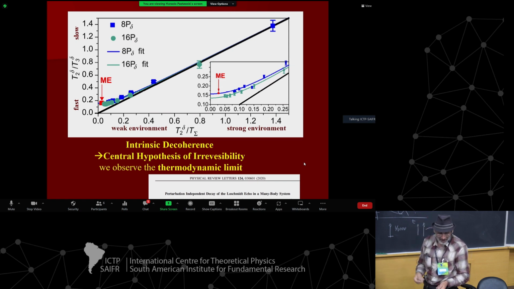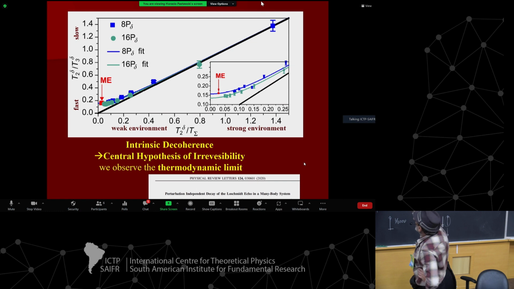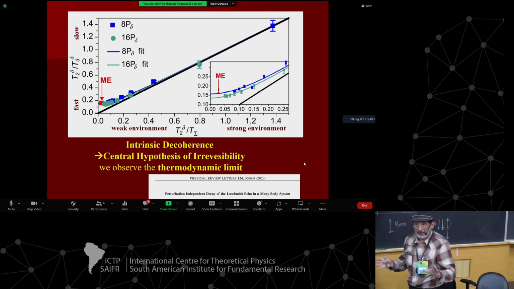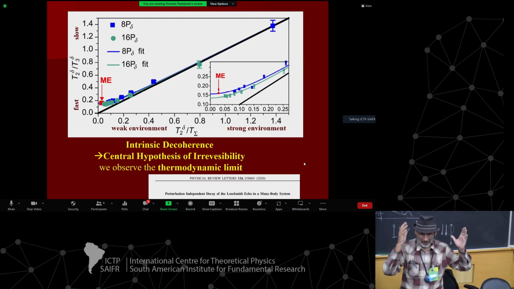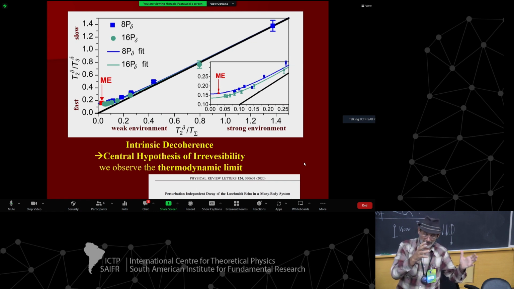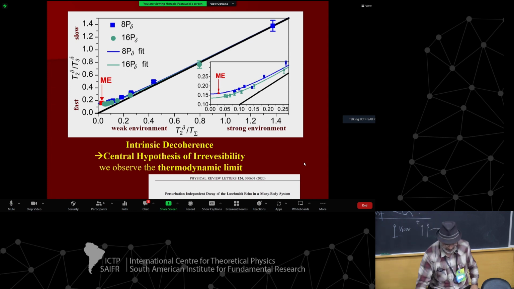Still, once I put all the points there, I see that I go to a finite value. Now I have really an experimental realization of this thermodynamic limit. I go to a strong Hamiltonian as compared with the environment. So I have the two time scales, of the Hamiltonian and that of the environment.